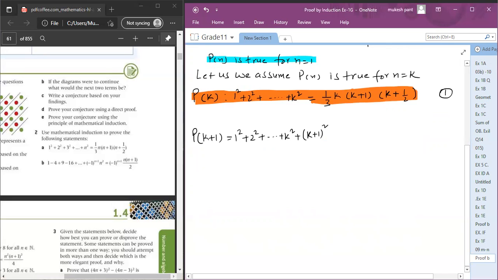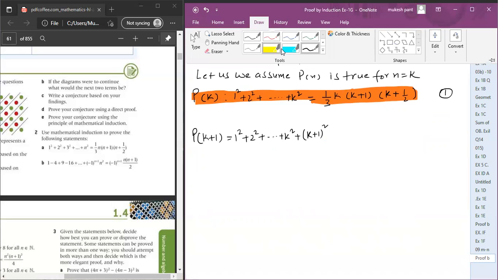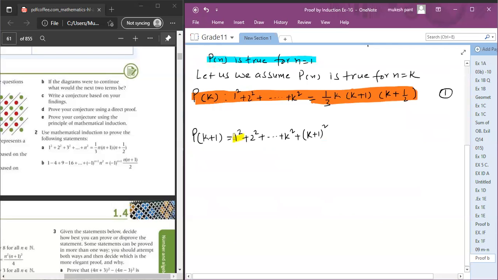Yeah. So for this sum, we can use this result.